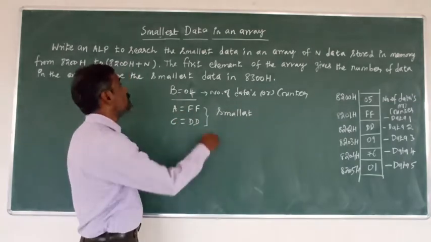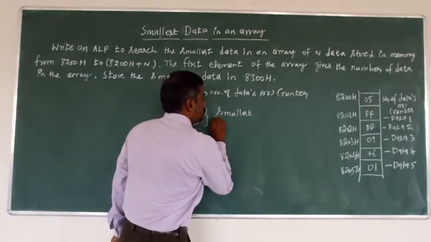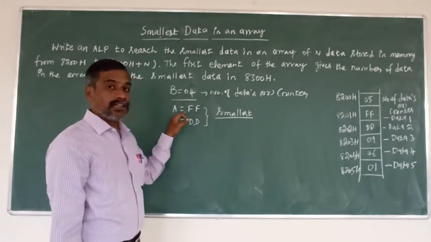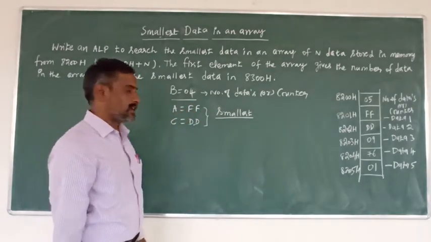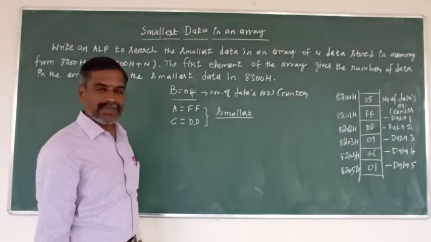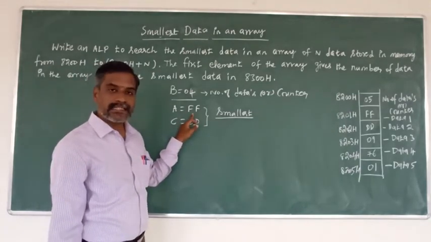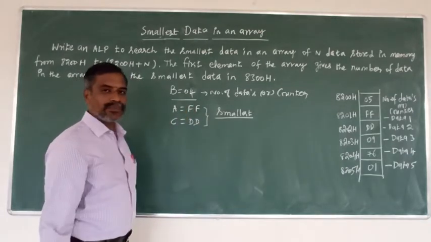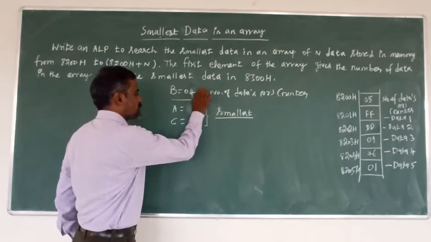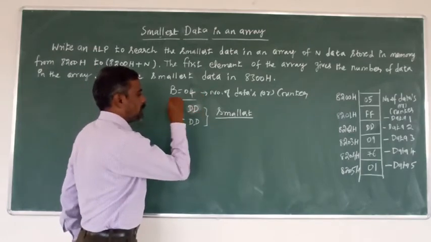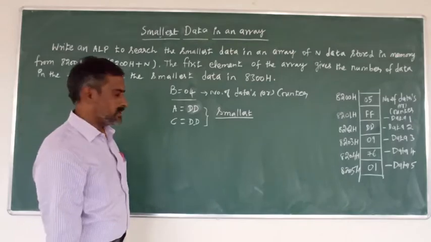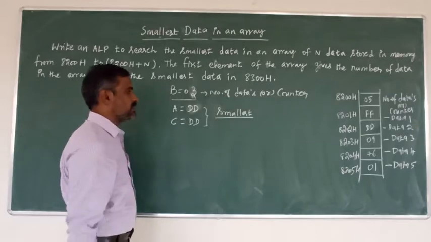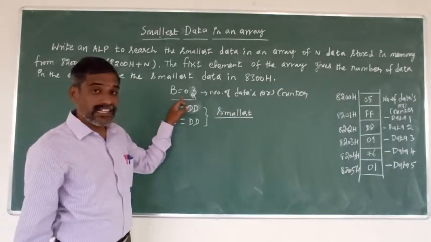But in the program to find the smallest data, the smallest data should always be in the accumulator. Now the accumulated data is larger, so move the register data to accumulator. After that decrement the B register once. Now B equals 03, and check whether it is 0 or not.